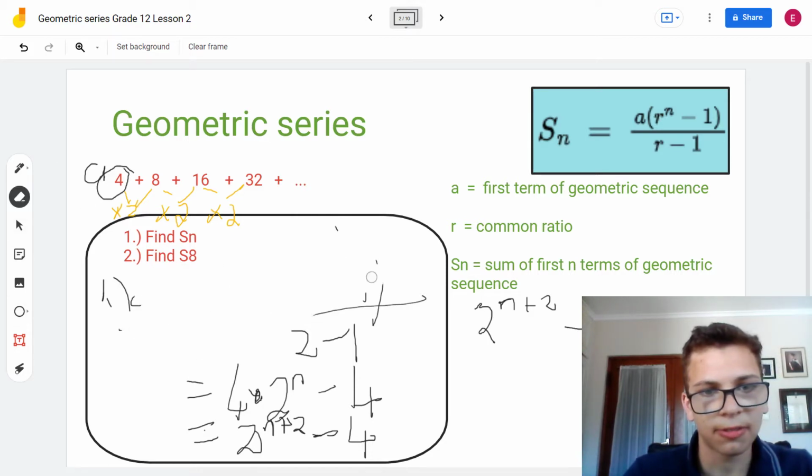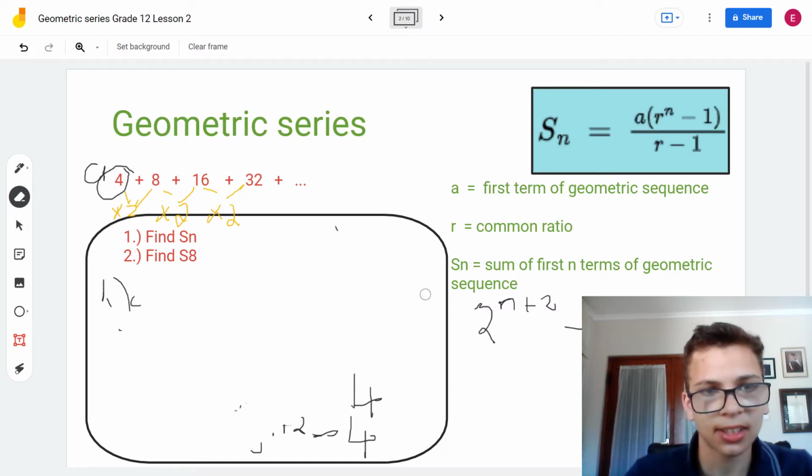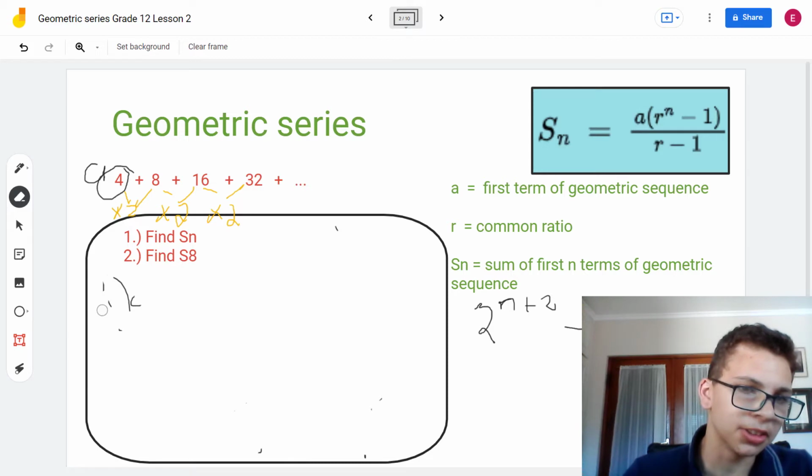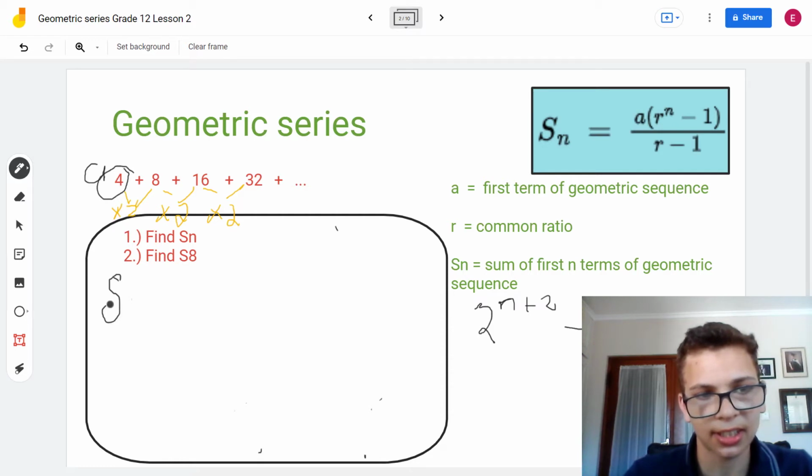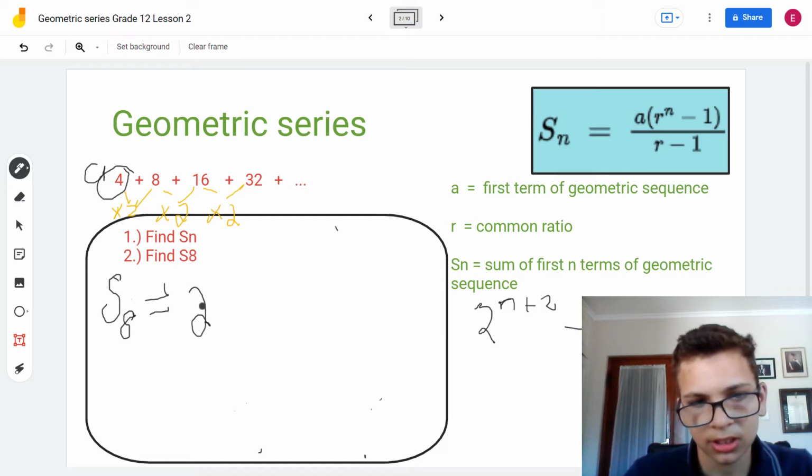Now if we want to, let's say, find S8, we could just write out the 8 terms. However, if we use the formula, we would just sub in n equals 8. So we get S8 as 2 to the power of 8 plus 2 minus 4.